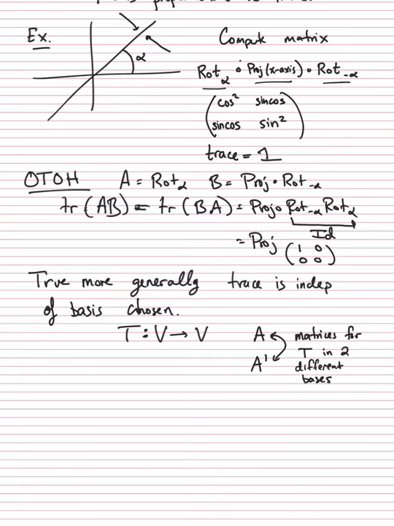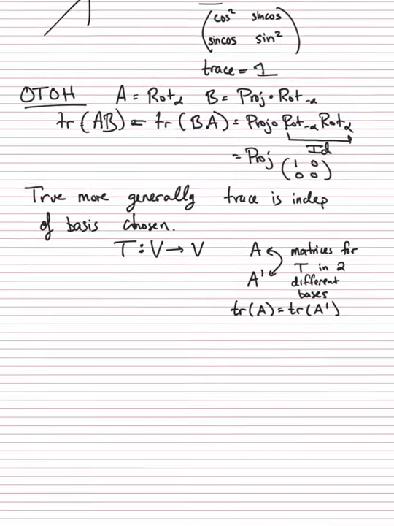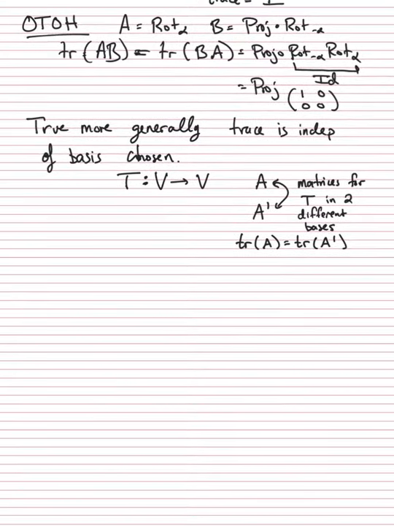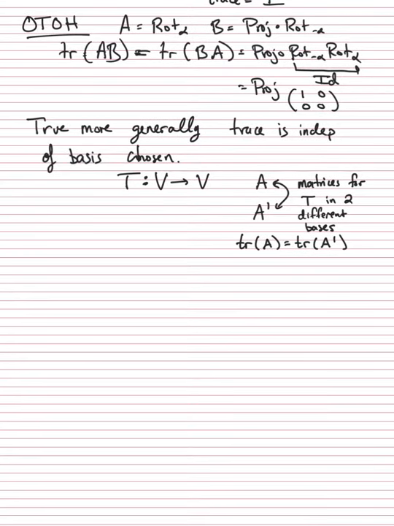Then it turns out that the trace of A is equal to the trace of A prime. There's this unnatural thing whenever you want to work with matrices, that it depends on the basis you choose for a linear transformation. And this is saying that there's a quantity which is independent of that.